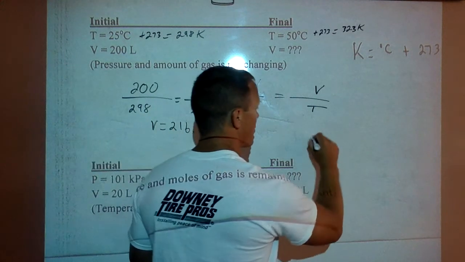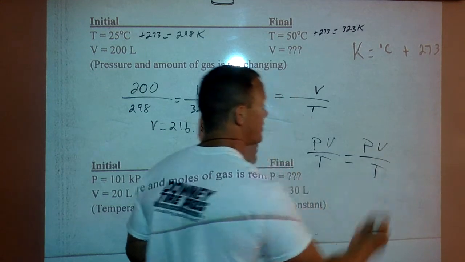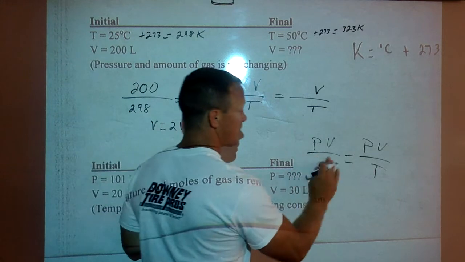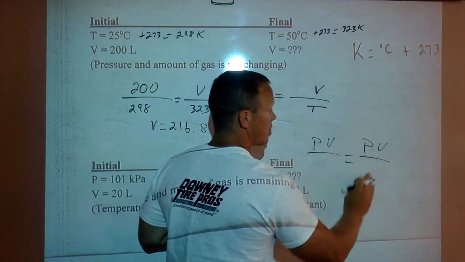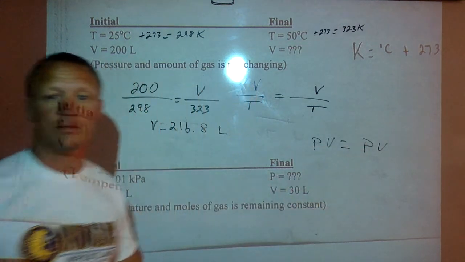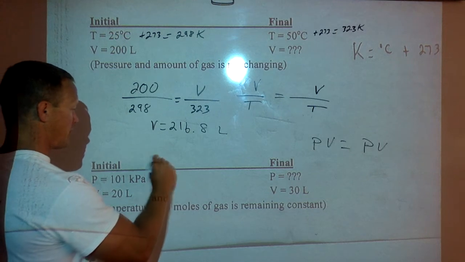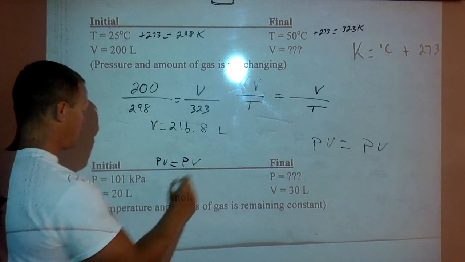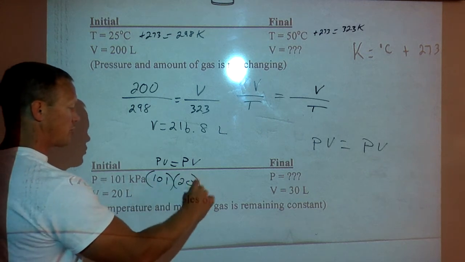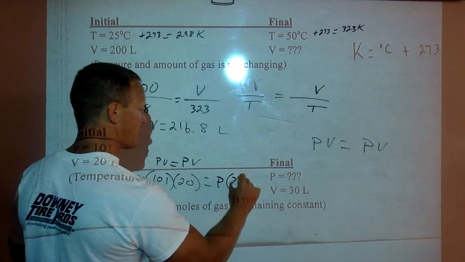If you write up a proportion PV over T equals PV over T, since temperature is not changing here, we can just ignore the temperature. So we just have P times V equals P times V. Again, that's an inverse proportion. At 101 kilopascals, there's 20 liters of gas. What pressure would it take for the gas to get to 30 liters?